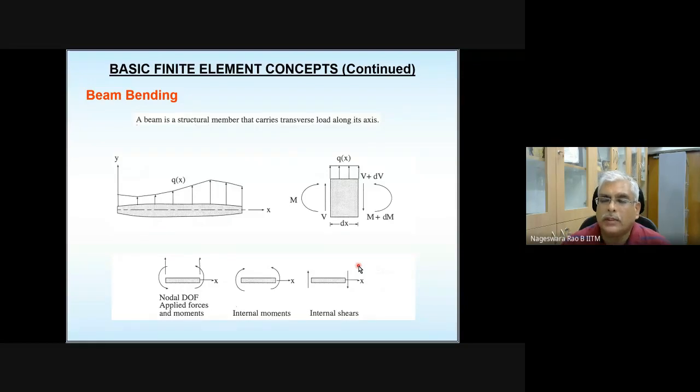Okay, internal forces, internal shear. So please take a note of this sign convention if you have not noted.